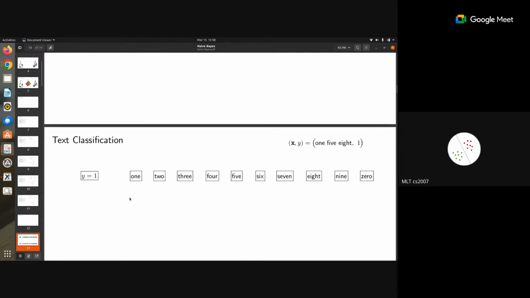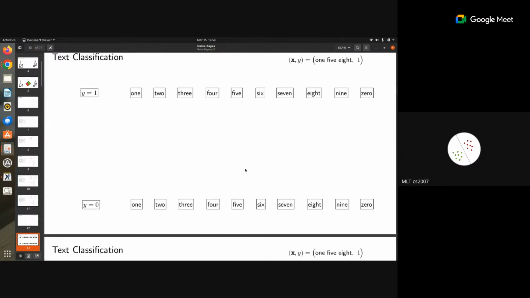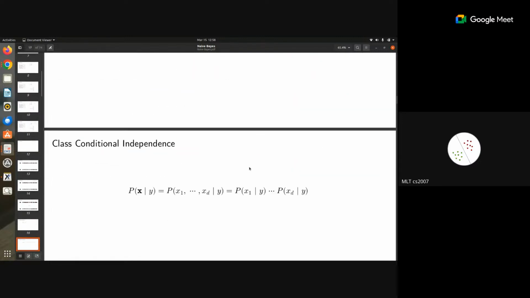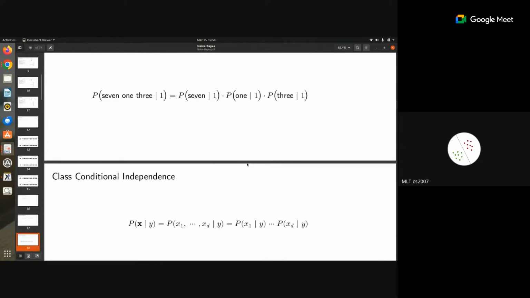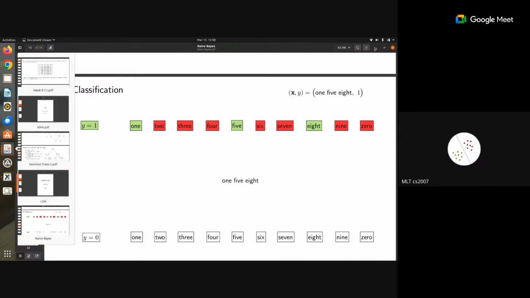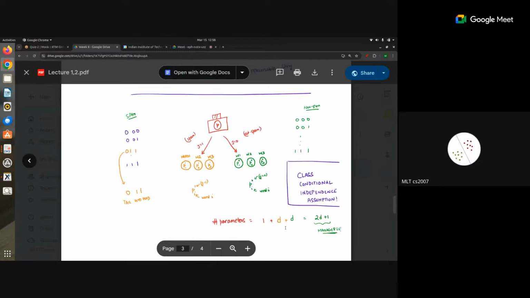Okay, so this case is there. Class conditional independence, we'll talk about it after some time. But let's see this part.